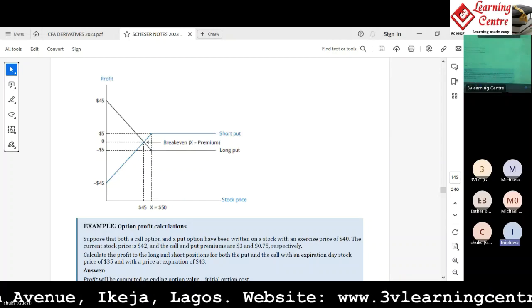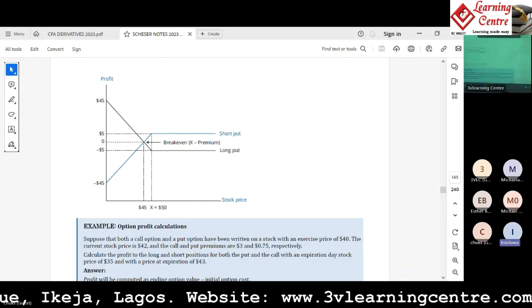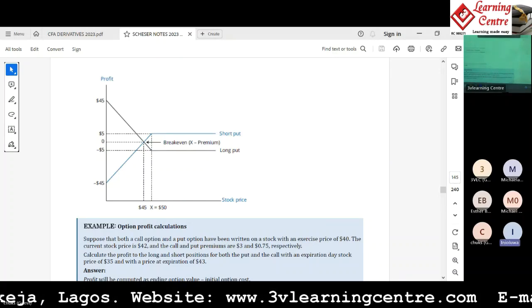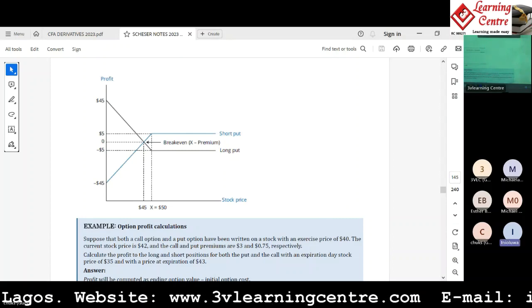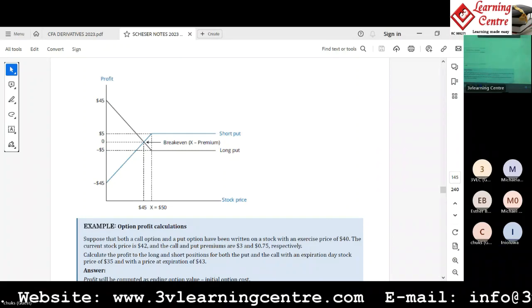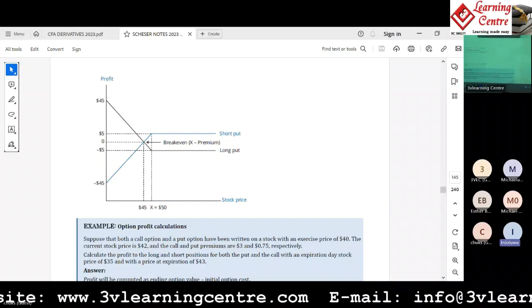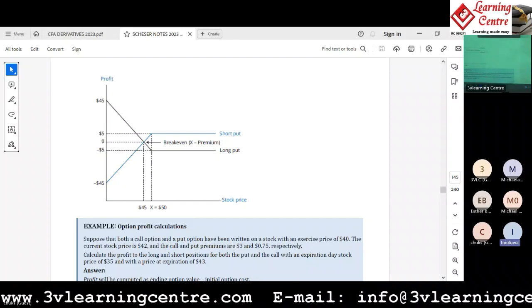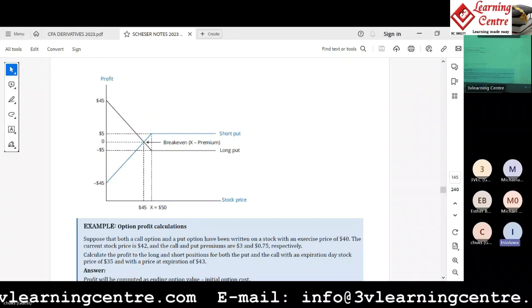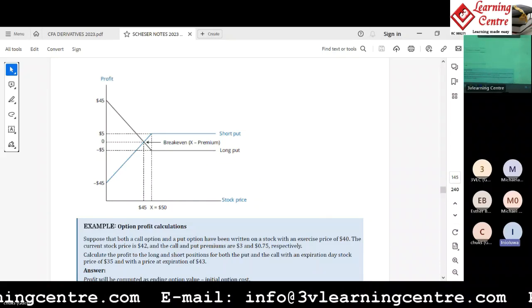Okay, so he's asking us to calculate how much the person that is buying the put option first. I think there are different scenarios here.